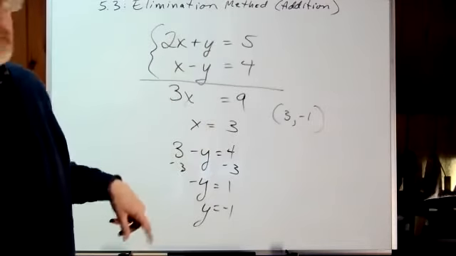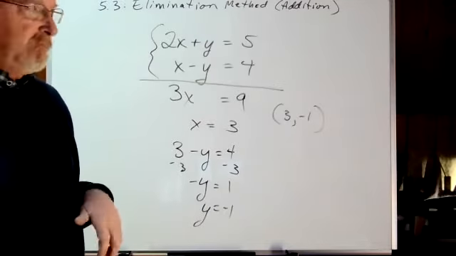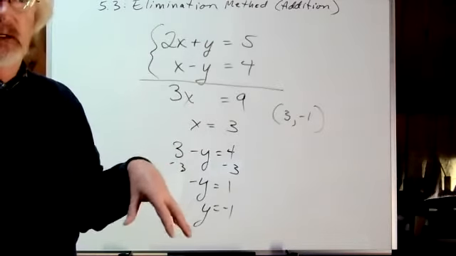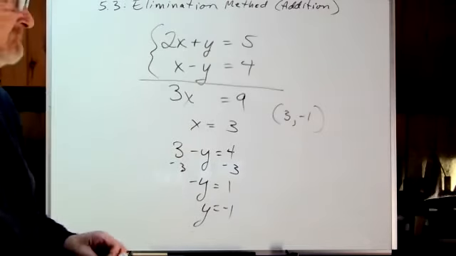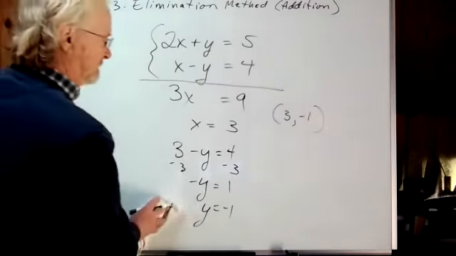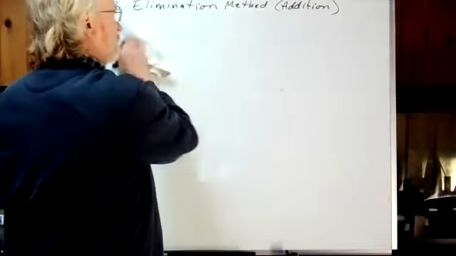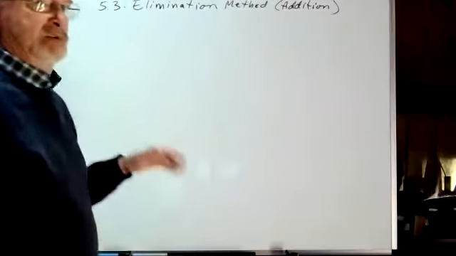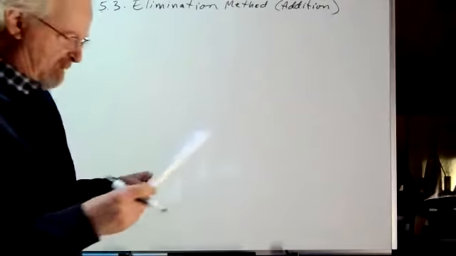That's the nice one. The variables are ready to go away. From here on, we step it up and we make them ready. We make the numbers the same so that one will cancel out. How do we do that? Well, we're going to multiply one or both of the equations by whatever is necessary to get the numbers to be the same.